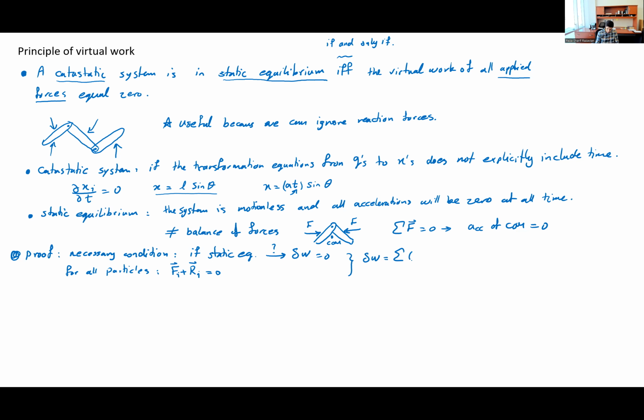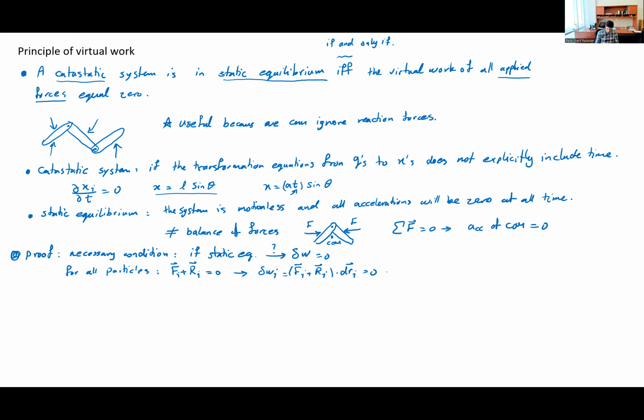If I have balance of all forces on all particles to be 0, I can write delta Wi to be (Fi plus Ri) dot delta ri should be 0, right? Because this is 0.